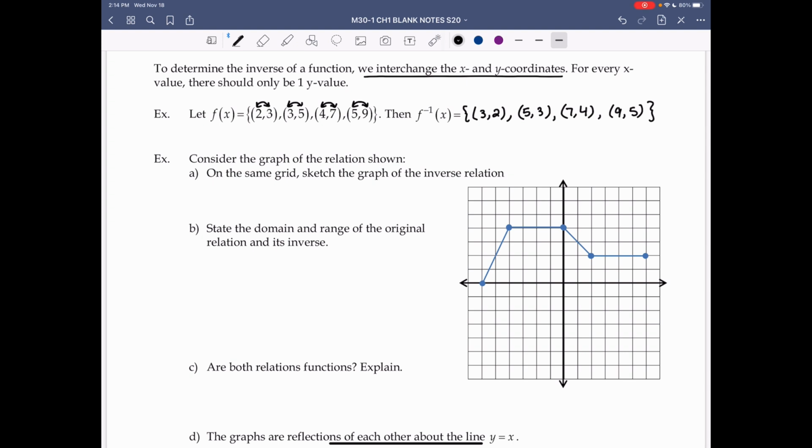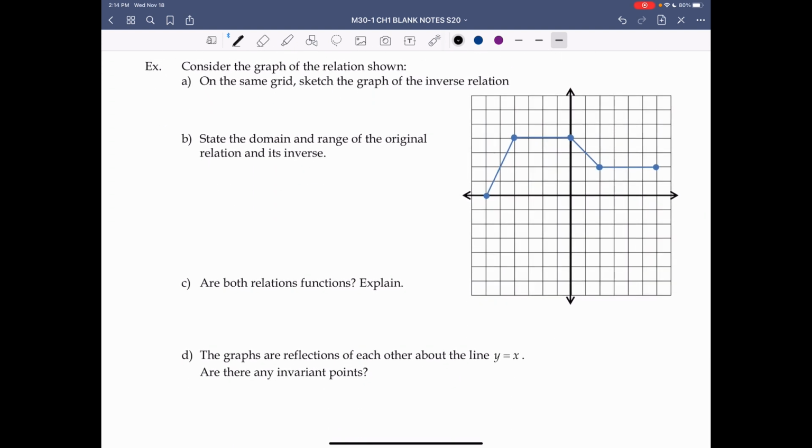Example, consider the graph of the relation shown. On the same grid, sketch the graph of the inverse relation. So remember, we switch the points of the x and y for the inverse. So for this graph, this point here is the point (-6, 0).